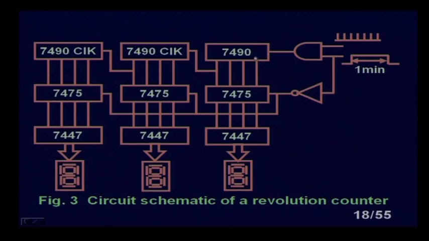During that time, this is inverted here, so 7475 will not be activated and the counter keeps counting. When the 1 minute is over, at the trailing edge of this pulse, the pulse goes down and the output from the photodiode can no longer enter the 7490, so 7490 will stop counting. During that time, when this is low, 7475 will be activated because it is inverted.